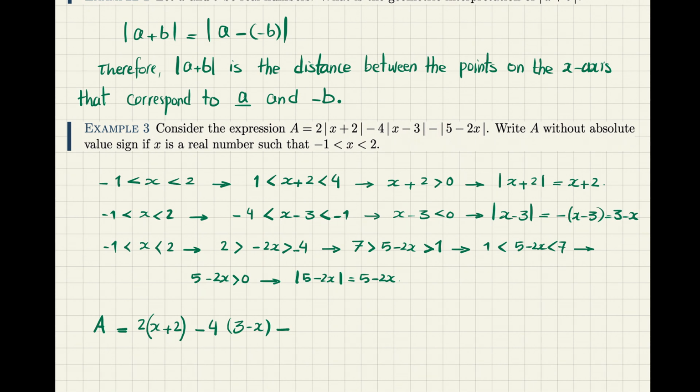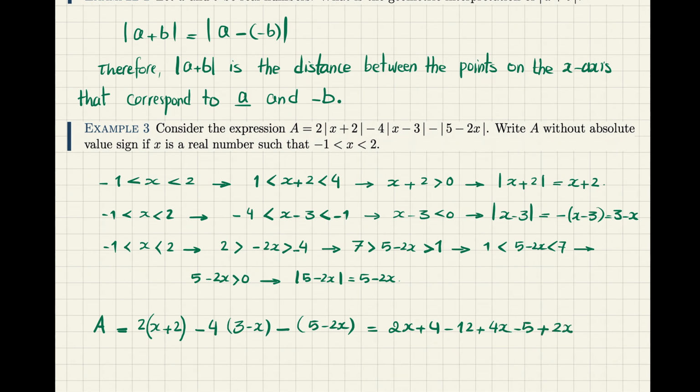And then I realize absolute value of 5 minus 2x is equal to 5 minus 2x itself. But I don't forget to put a pair of brackets. Now I open it and simplify it. So it becomes 2x plus 4 minus 12 plus 4x minus 5 plus 2x.